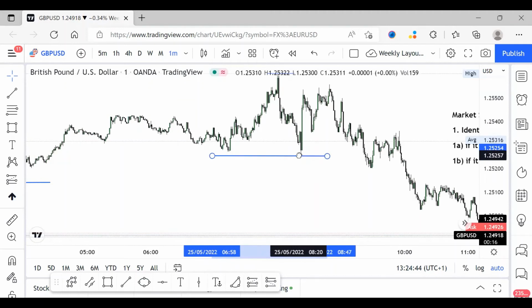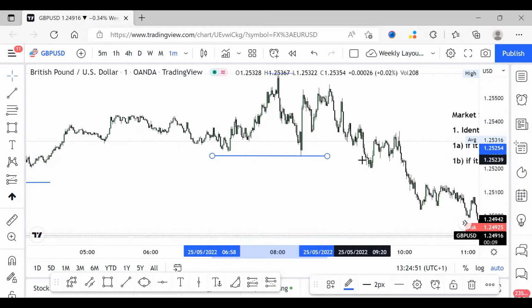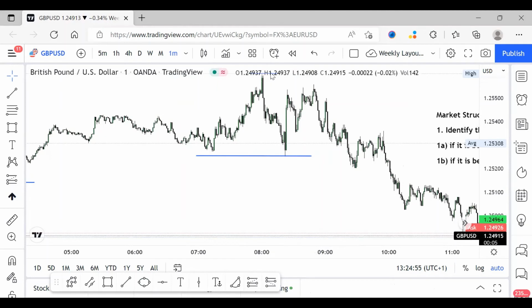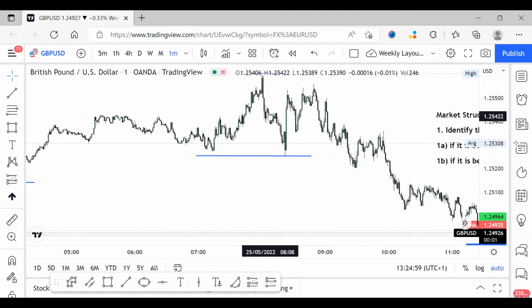What price does in a particular area is that it tries to go back and then scare you, so that it tells you that it's trying to go in a different direction. As long as highs are not made continuously from this particular example, the bullish run should still continue.